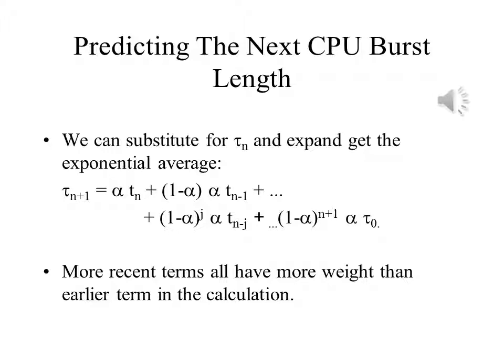The formula on this slide shows the power series that we can use to predict what our next CPU burst should be. In reality, we can use the previous burst in the calculations, so we can avoid having to calculate a power series from scratch just for a CPU scheduling algorithm.